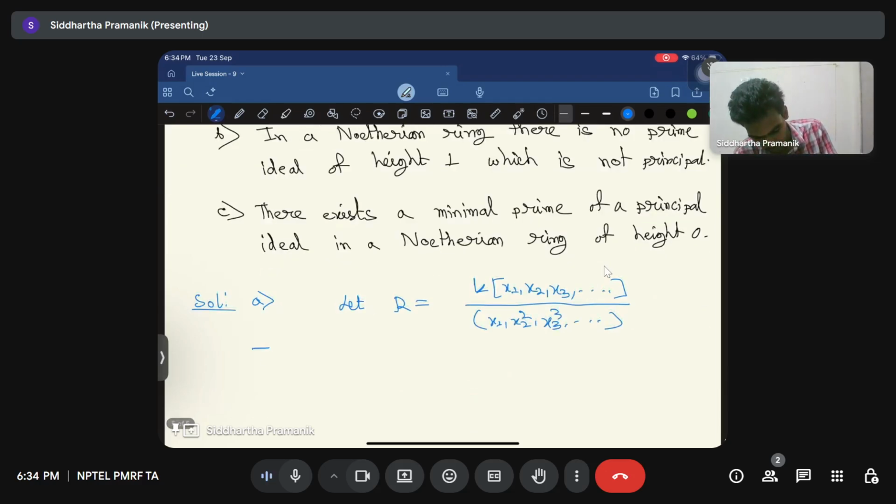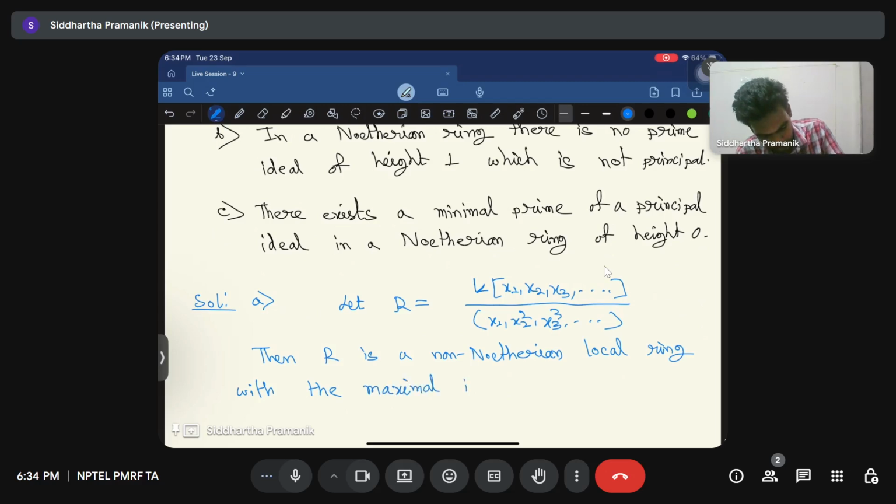Then we have already seen R is a non-Noetherian local ring with the maximal ideal x1 bar, x2 bar and so on.